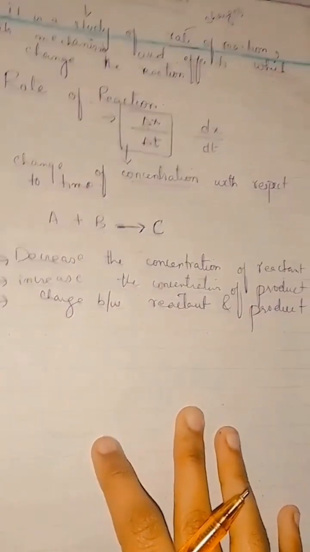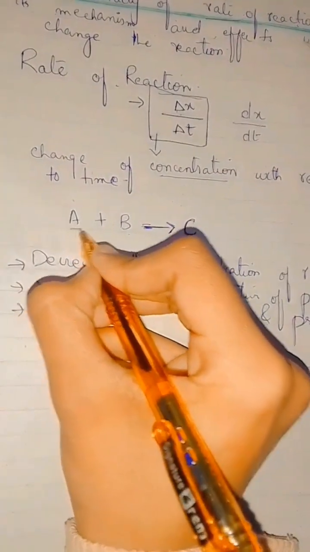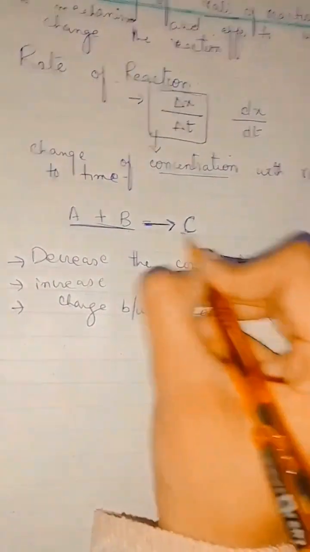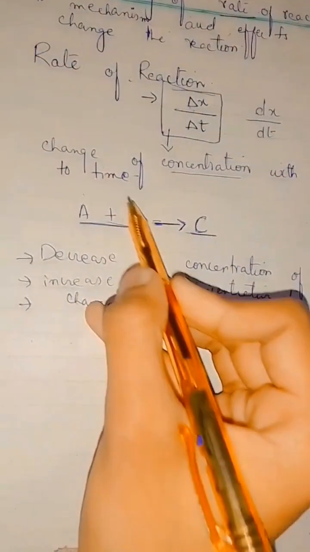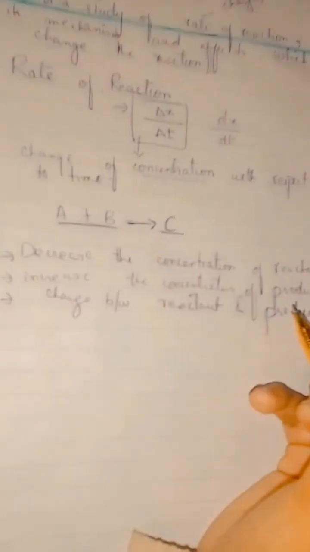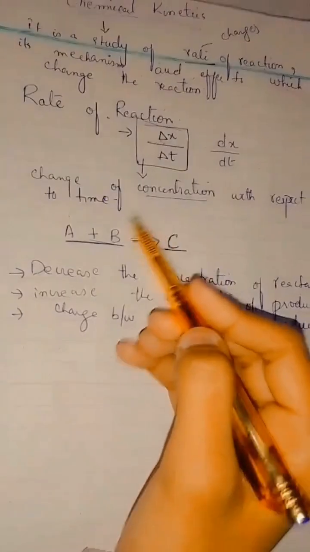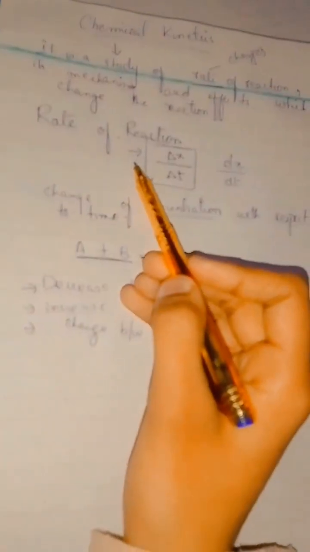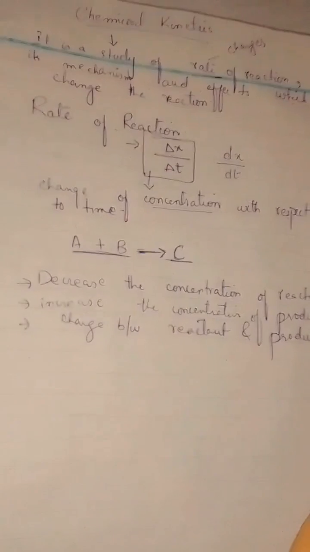For example, this is a reactant and this is a product, we know. So when there is a reaction, there will be a change in the concentration with respect to time, known as the rate of reaction.